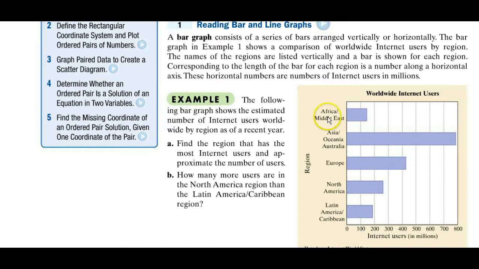And the least, Africa, Middle East, and it easily jumps out at you. Again, that's the nature of a graph. Try to give you a visual of something, depending on what they're asking here. Let's go. Find the region that has the most, which we did.